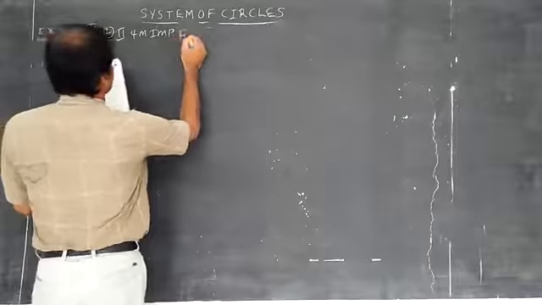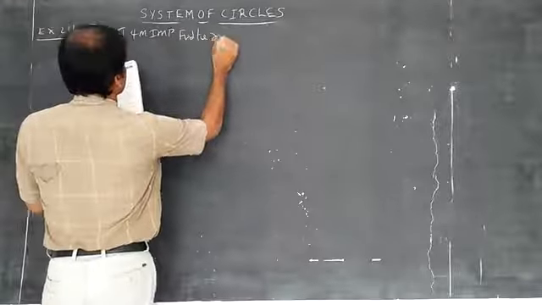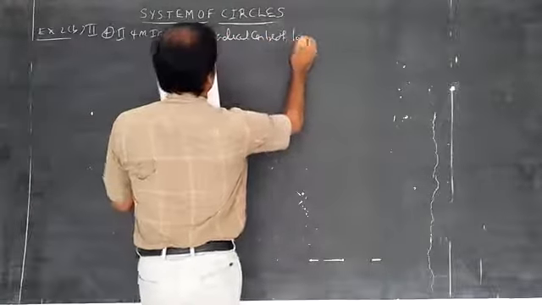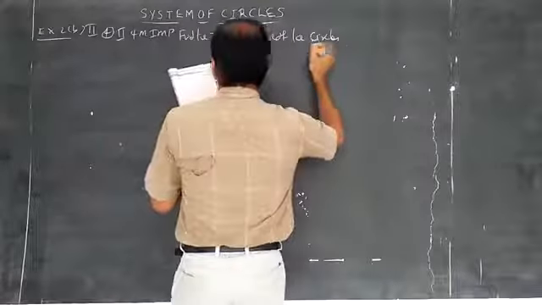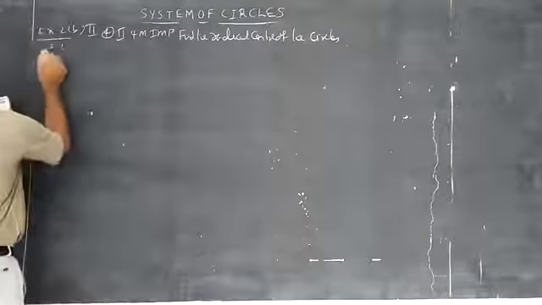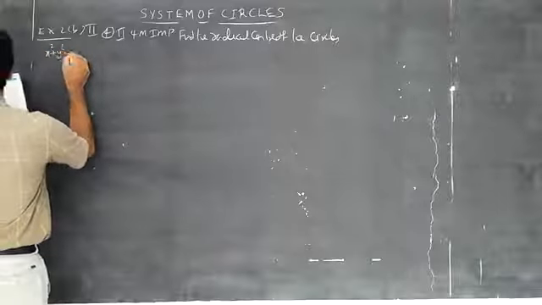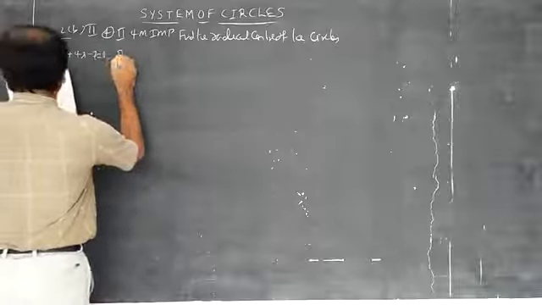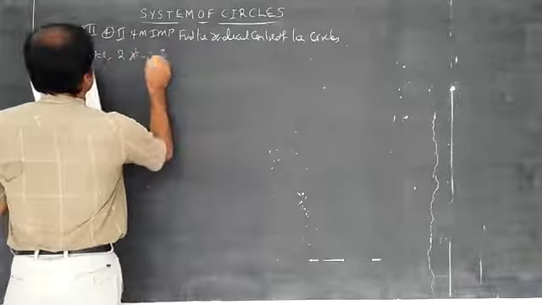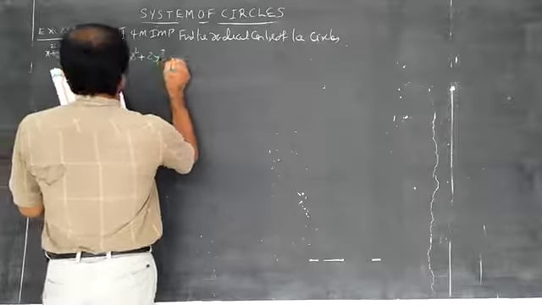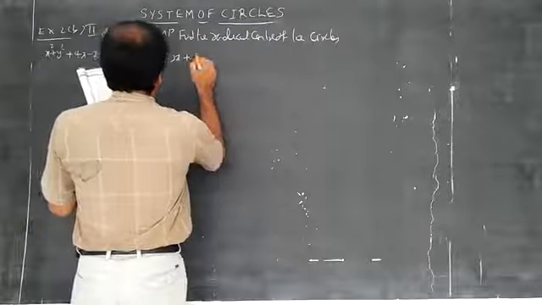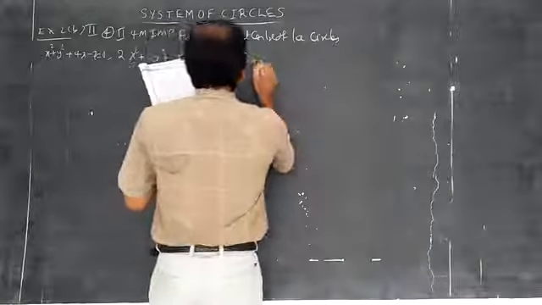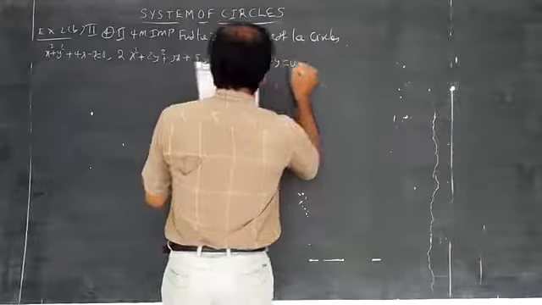Find the radical center of the circles x square plus y square plus 4x minus 7 equal to 0, comma, 2x square plus 2y square plus 3x plus 5y minus 9 equal to 0, comma, x square plus y square plus y equal to 0.